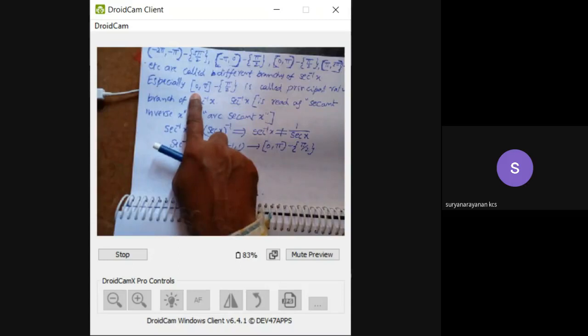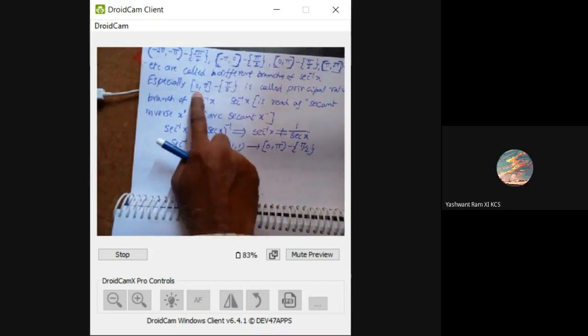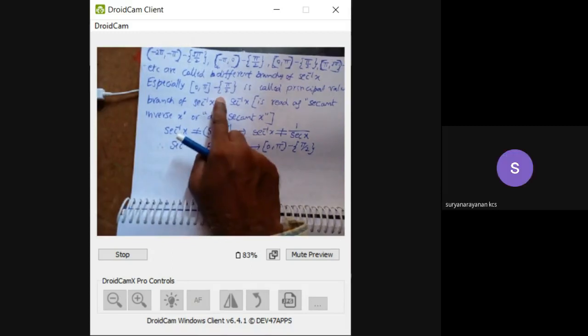Just now, Pritika read it clearly. Now read. Closed interval. Sir, what's the bracket next to that? Singleton set. Singleton means only one element is there in this set. Only one element. Singleton set.